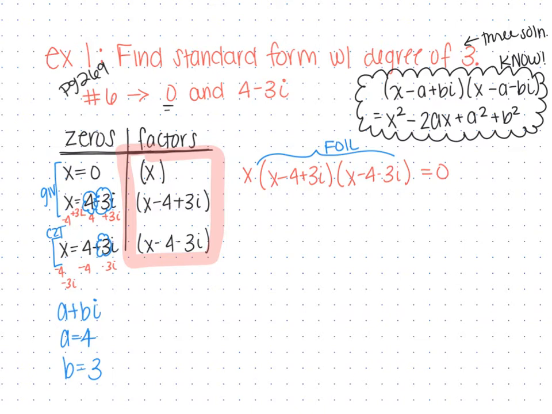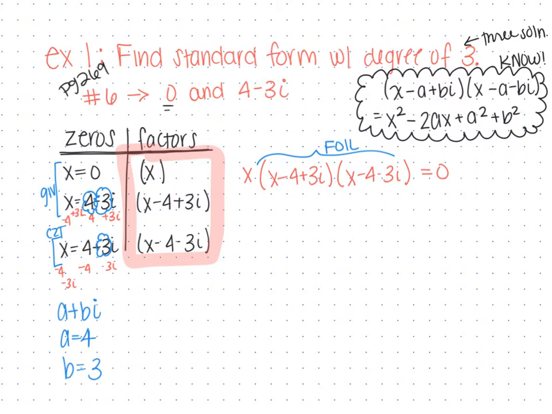Now because b is going into b squared, going into that formula, it doesn't matter if you use the positive or the negative version. But yes, there are 2 b's. I always pick the positive one because it just makes your life a little bit easier. So I have an a of 4 and a b of 3. I'm going to plug that into this formula, this thing right here.